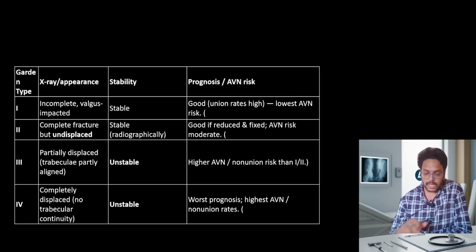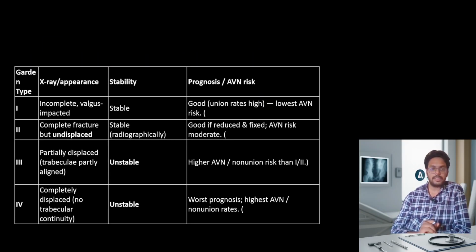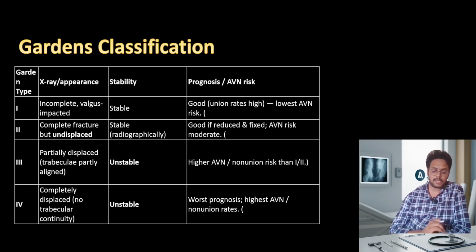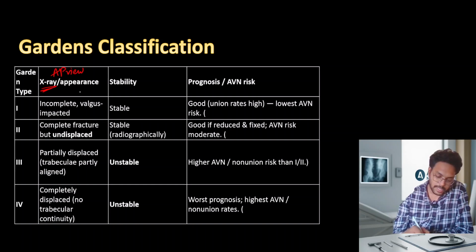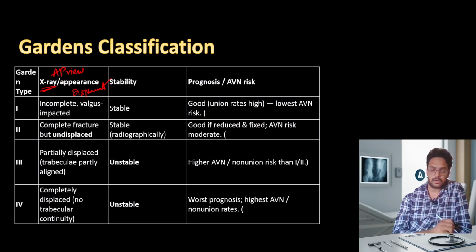Okay. The next classification system is Gordon's classification system. It has 4 types based on the AP view X-ray and the fracture displacement, whether the fracture is displacing or not.